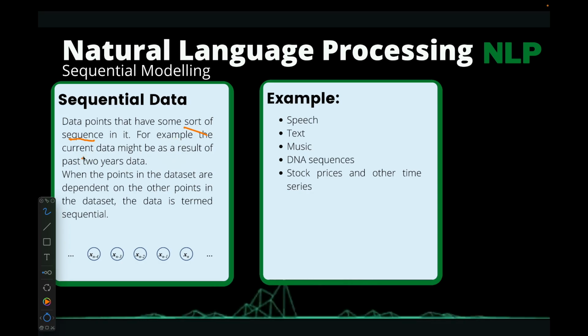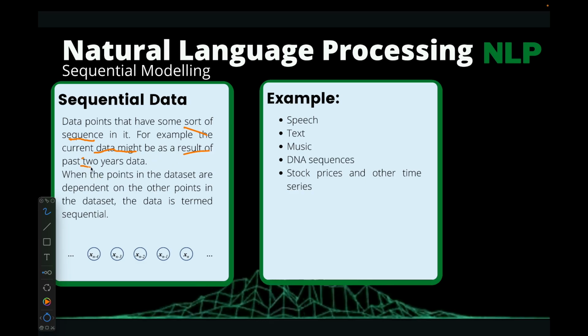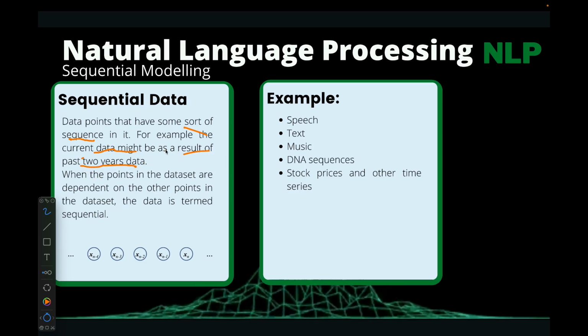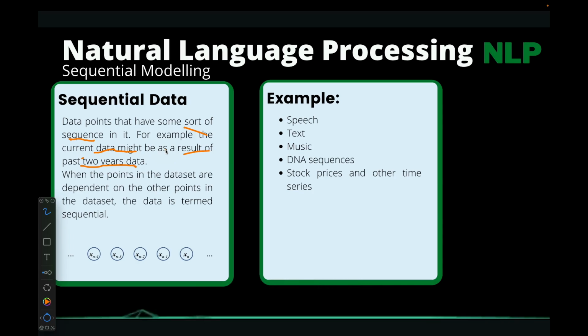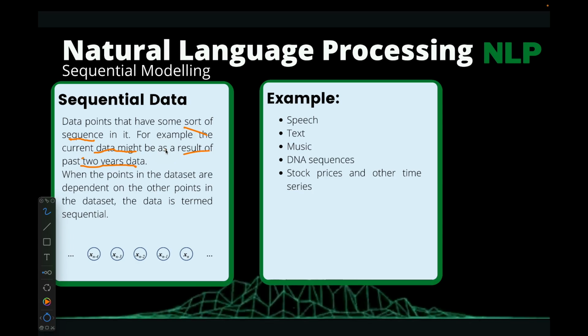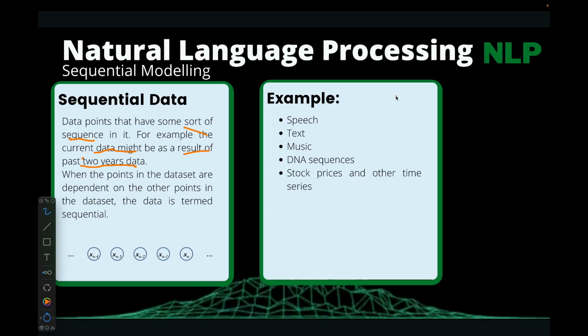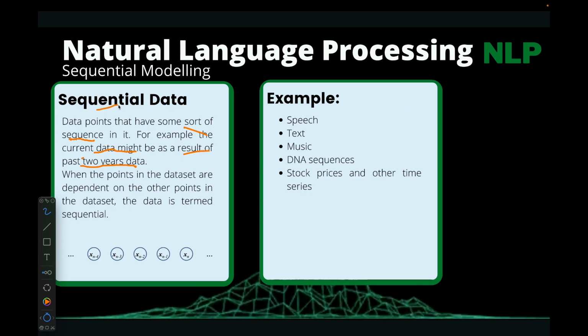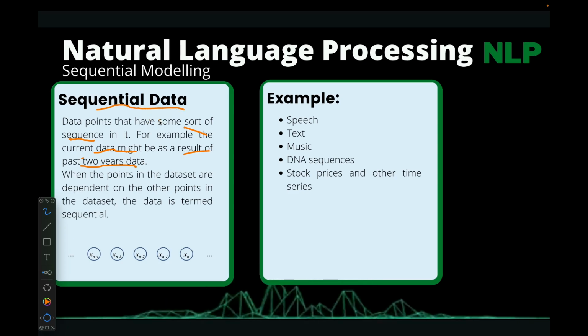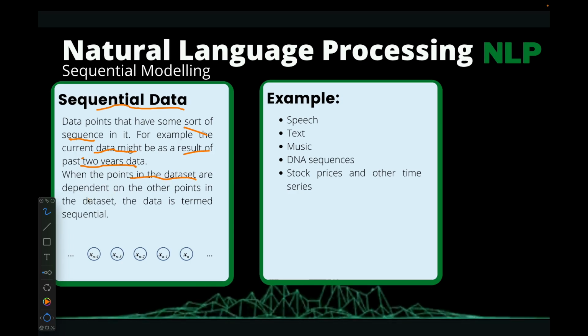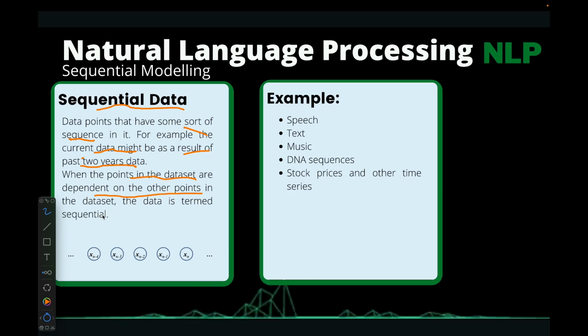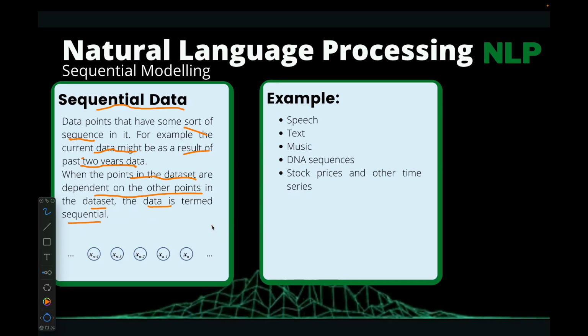For example, the current data you're considering might be a result of the past 2 years of data. Maybe you're considering some time series data, which depends on 2 or 3 years of data to make decisions in the future. In such a case, you are dealing with sequential data. The data points are not independent on their own, they depend on other data points. When the points in the data set depend on other points, the data is termed as sequential.